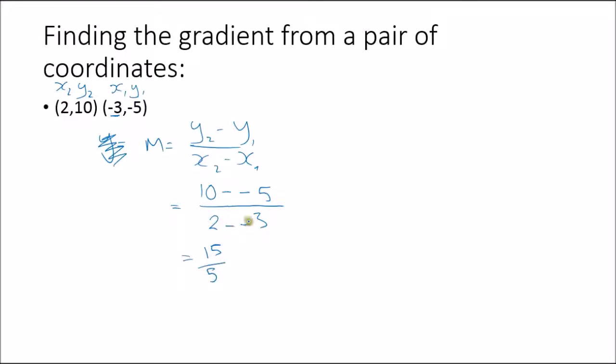The important thing though is if you follow my suggestion here and always make the left hand coordinate the x1, y1, what happens is that the bottom line of your equation will never be negative. So only the top line will be negative if the gradient is negative, and it just simplifies your calculation slightly. So in this case the gradient is 15 over 5, and that simplifies to 3.